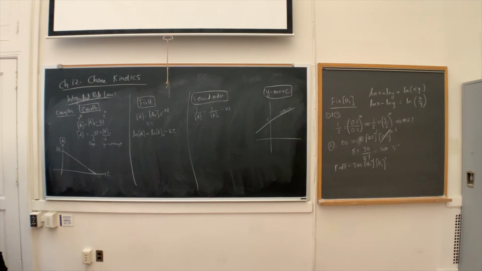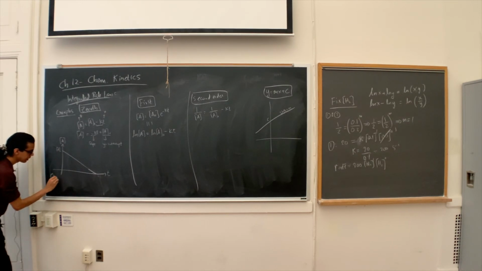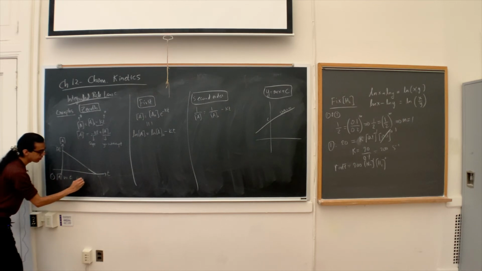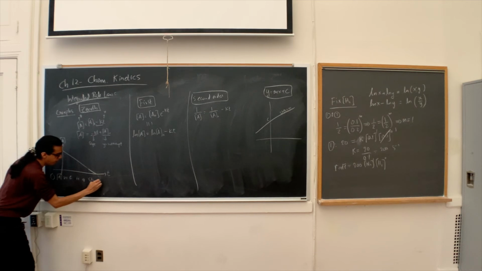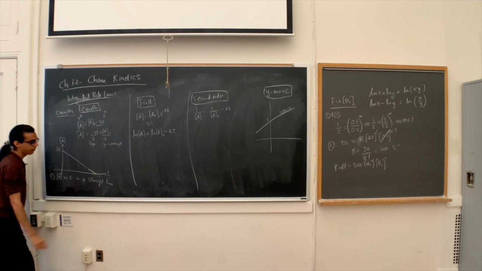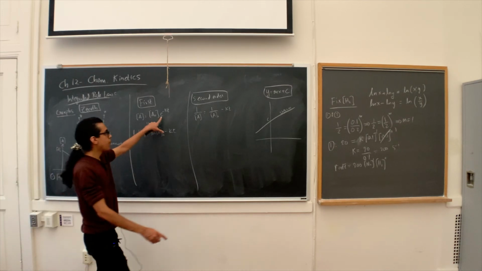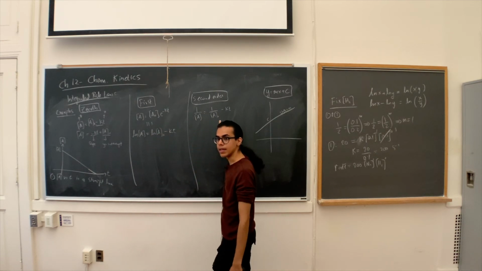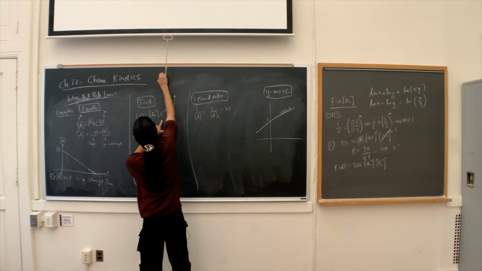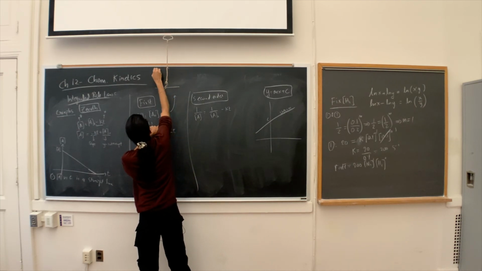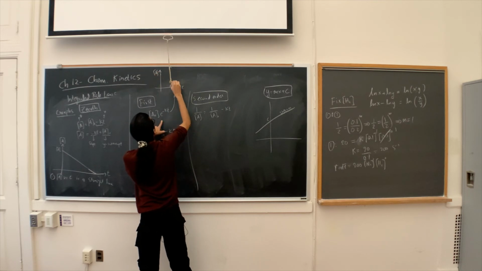So the main thing that I want you to remember here is that the graph of A on the y-axis versus t is a straight line. Okay. The other two graphs are weird, and you don't know exactly what the graph looks like, but I'll tell you. If you plotted this for first order, with A on the y-axis and t on the x-axis, it would look like this.